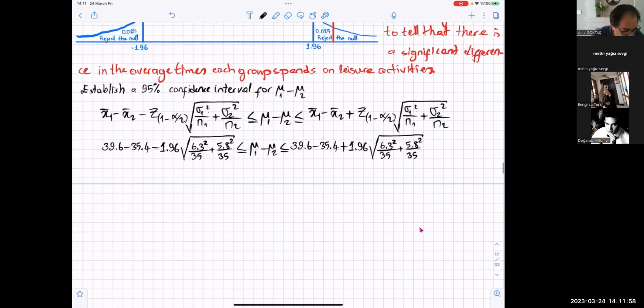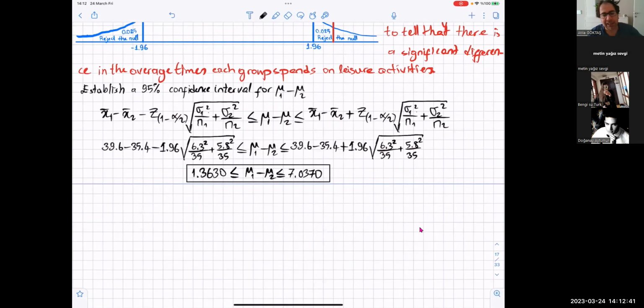The lower bound is 1.36, and the upper bound is 7.037. Okay, that's the confidence interval.